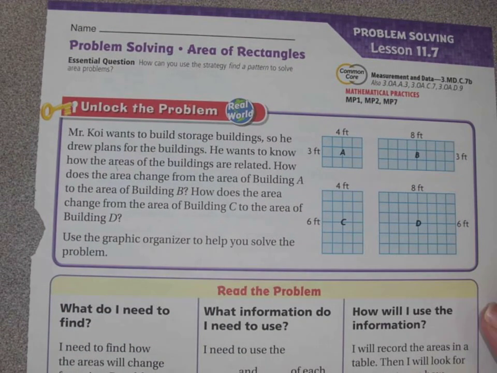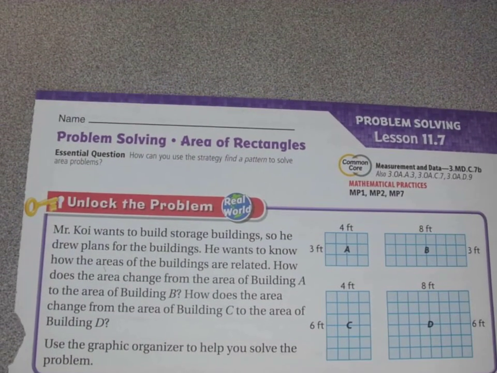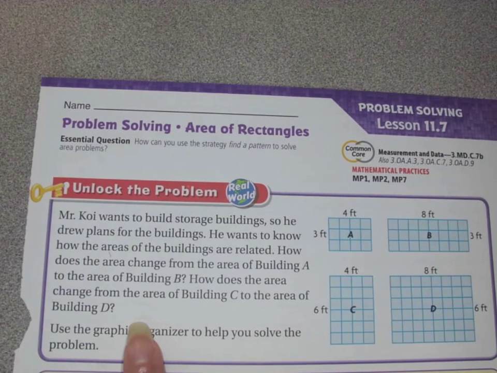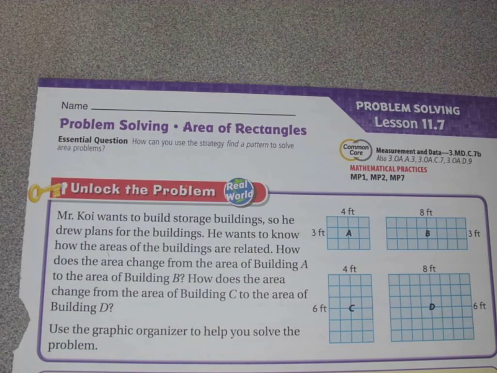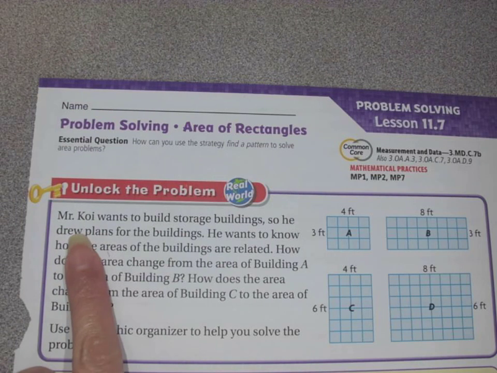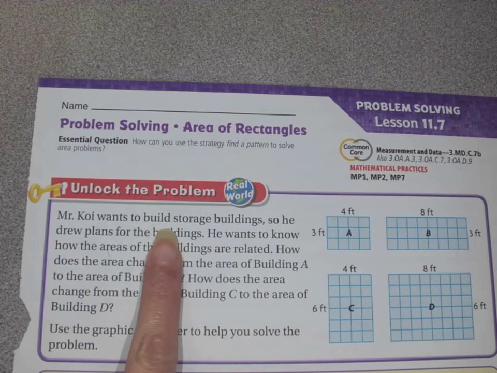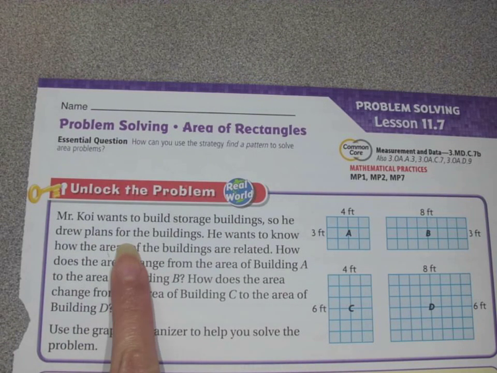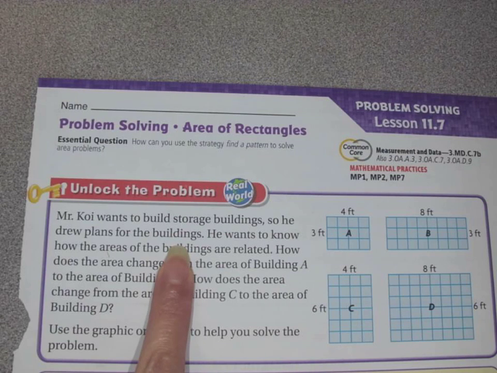All right, so let's first unlock the problem, okay? As you can see already, this word problem looks like a lot, so definitely let's first start out reading it one time through, and then we're going to go back and dig a little deeper. It says, Mr. Coy wants to build storage buildings. So he drew plans for the buildings, okay?